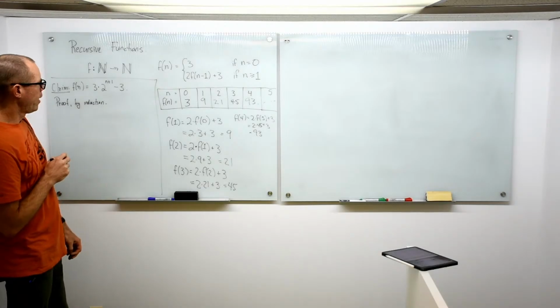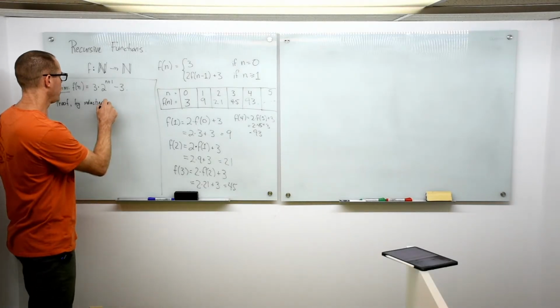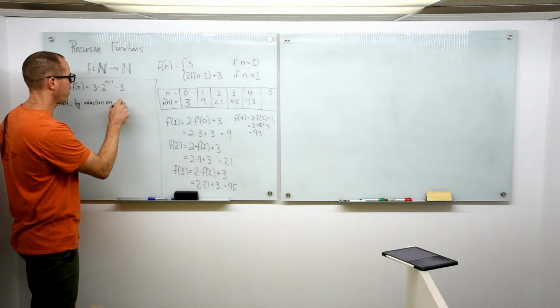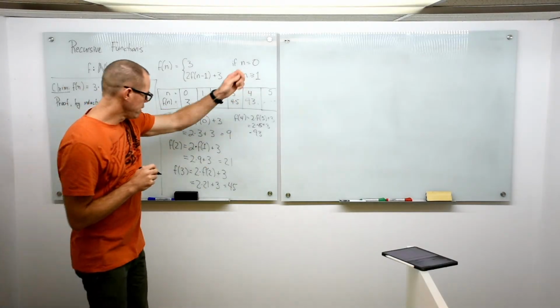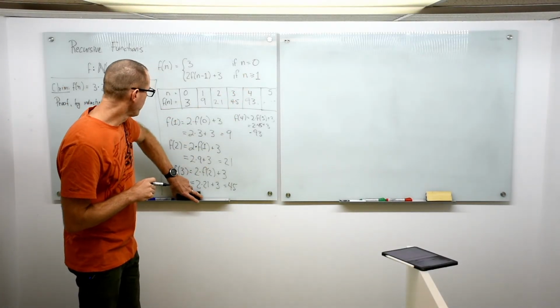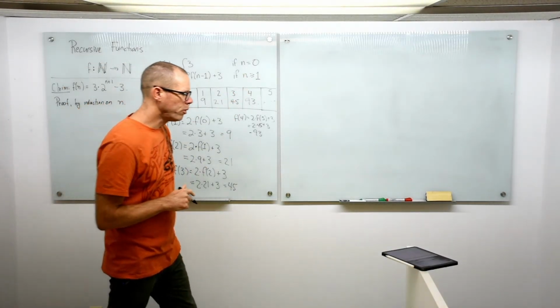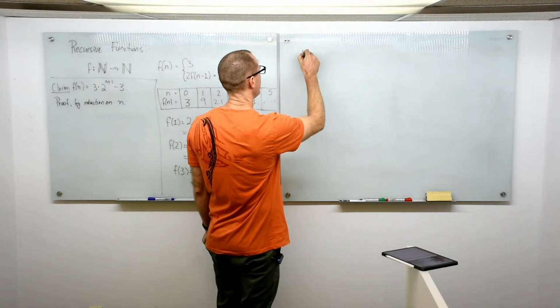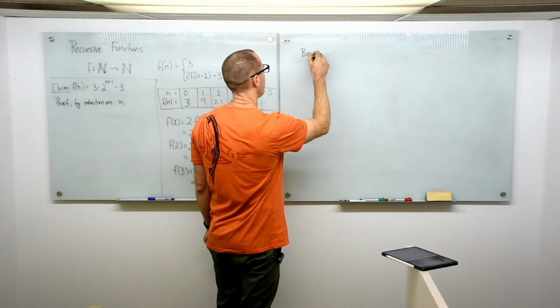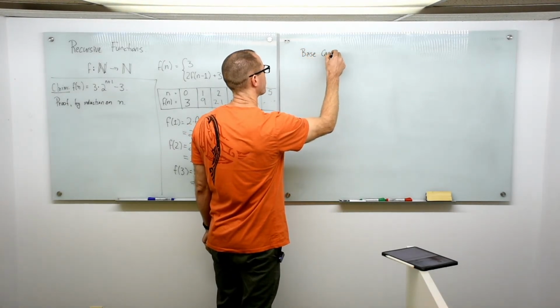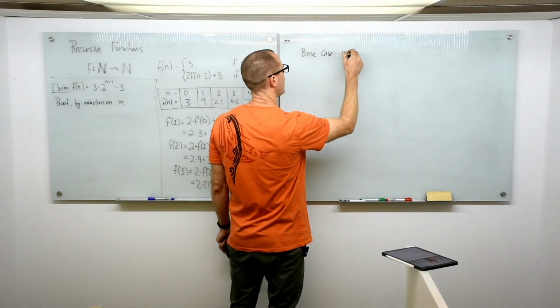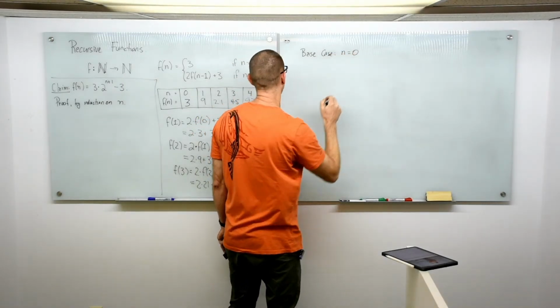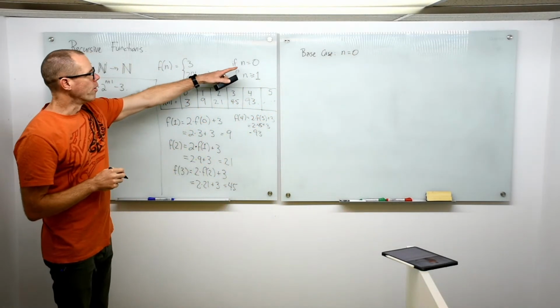And by induction on the value of n. And actually, let's give ourselves lots of space here. So when we do an inductive proof, first thing we need to have are one or more base cases. So this is the case here, n equals 0.